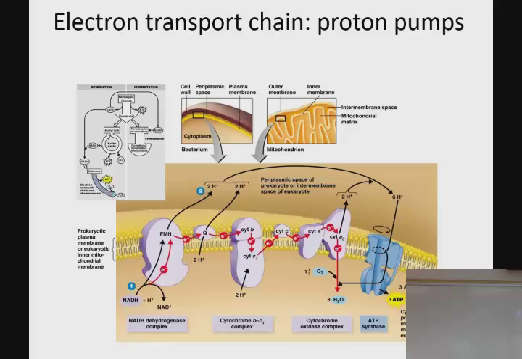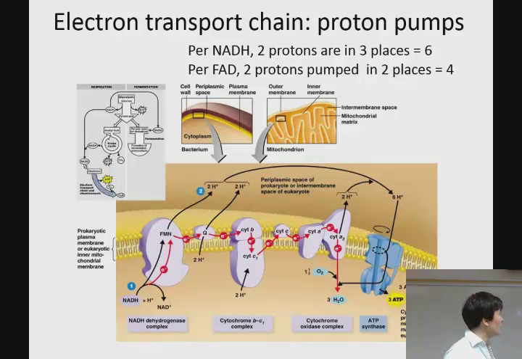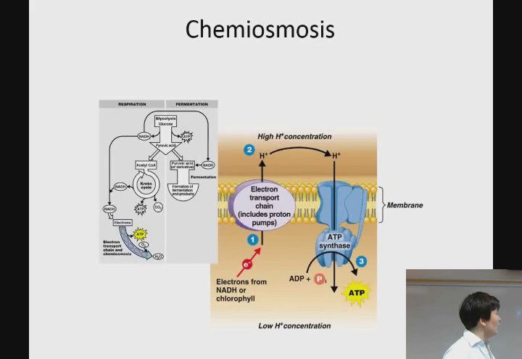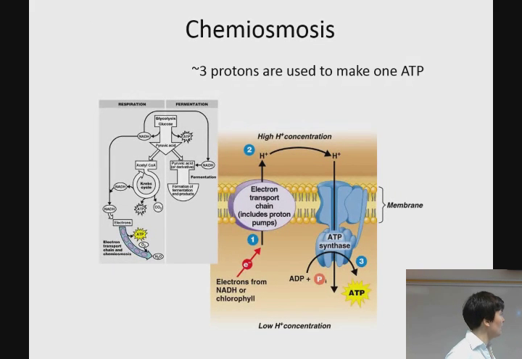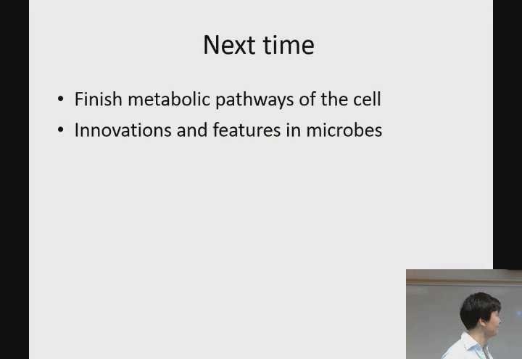So this negatively charged oxygen grabs whatever protons are around, which means that we're driving protons across, and any ones that are left behind we're going to use up making water at the end, right? So we're really, in both ways, establishing this gradient. And the primary product of that is going to be water. Okay, so that whole process is called chemiosmosis, and about 3 protons are used to make a single ATP.